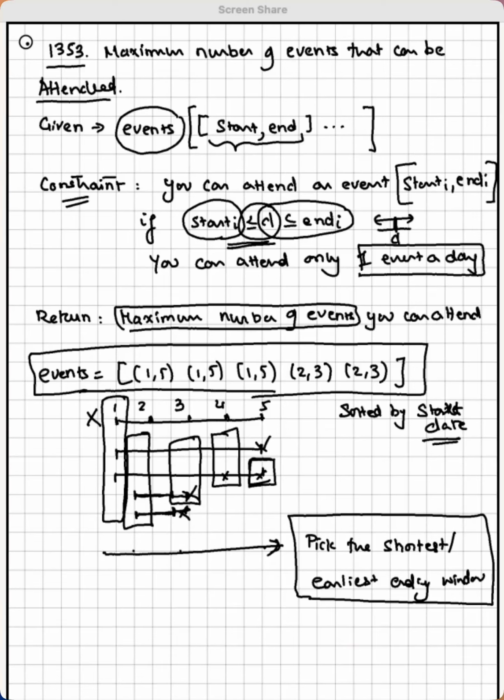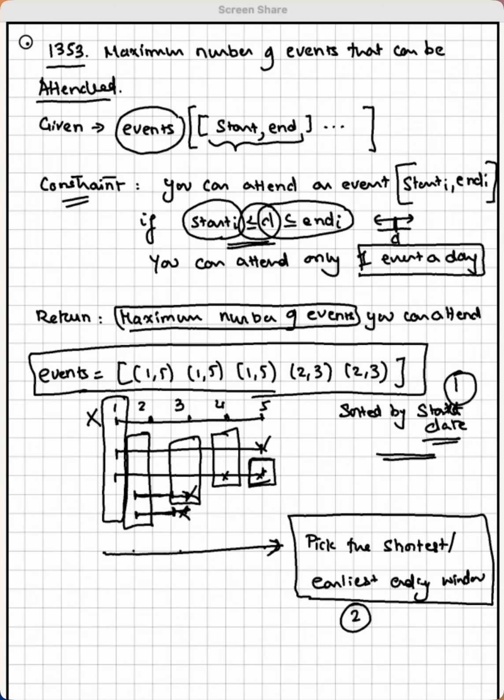I cannot have it on my right hand side, then this whole execution flow gets messed up. So this is the first condition that we need, that you start with the array sorted by the start date, and then as you're executing, the second thing that you do is you pick the shortest window, which is ending earliest. And this is it for the problem's logic.